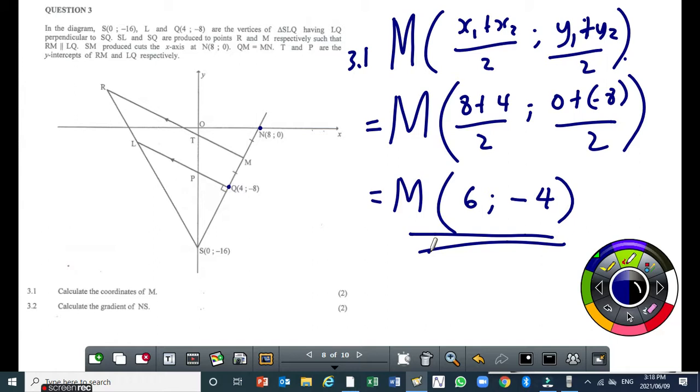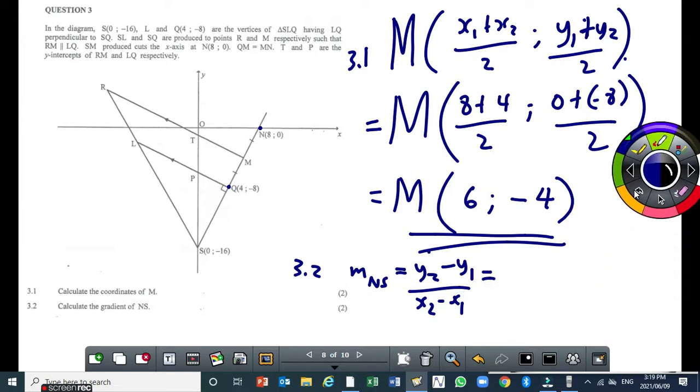We should be able to do the grade 10 questions much easier and quickly as well. Then calculate the gradient of NS. This is S, that's N there. Now the gradient, 3.2, for NS is y2 minus y1 over x2 minus x1.